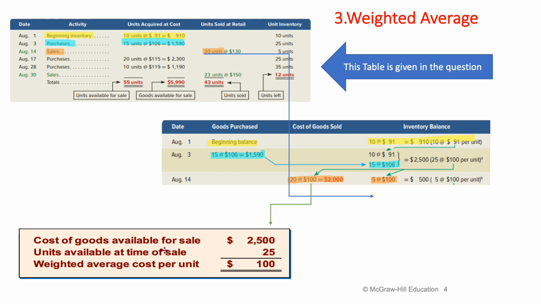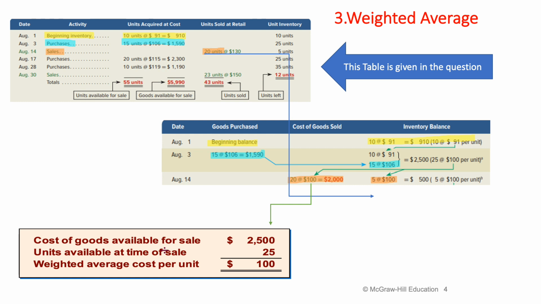The company at the beginning had 10 units, then purchased 15 units, so in total I have 25 units in my inventory. When I divide 2,500 by 25, it gives me 100. So this 100 is going to be used as the weighted average cost. 20 multiplied by 100 gives me 2,000.